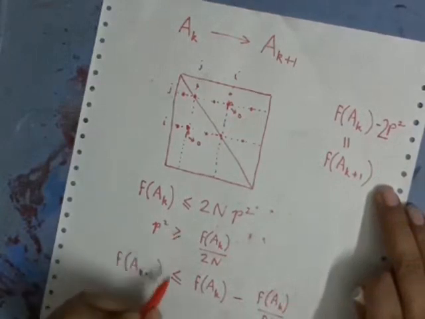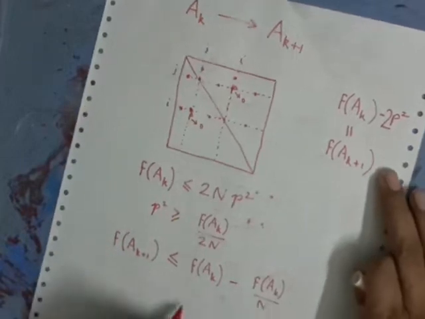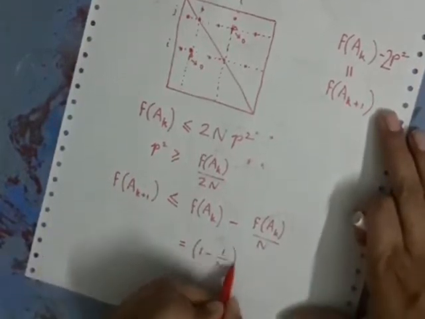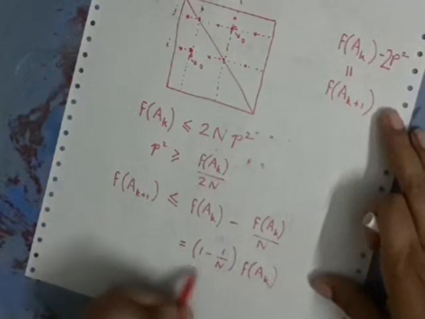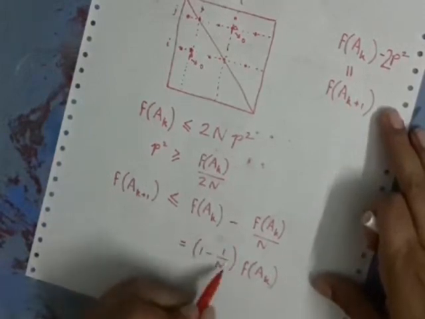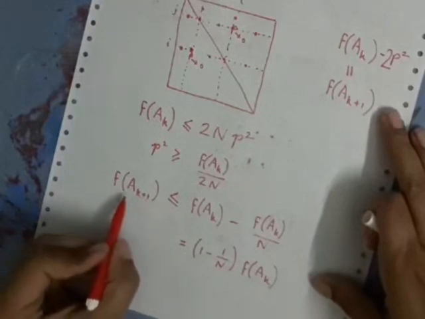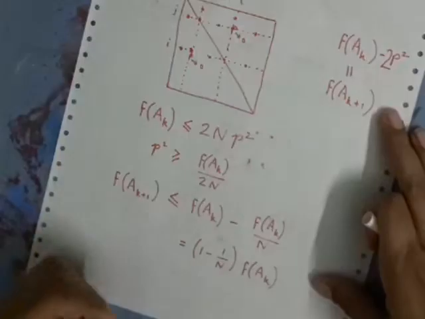This was greater than or equal to, but this became less than or equal to because I have a minus sign here. And that is (1 minus 1 by n) f(A_k). This quantity is strictly less than 1, which shows that at every step f(A_{k+1}) is basically coming down.